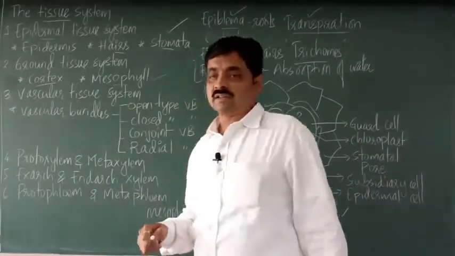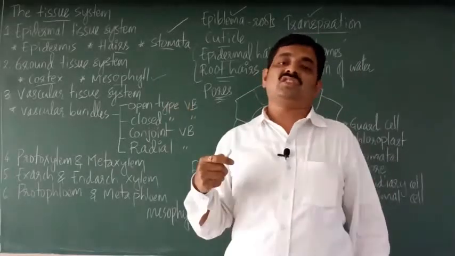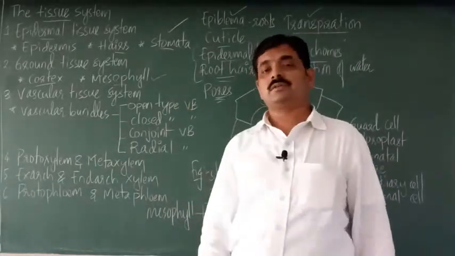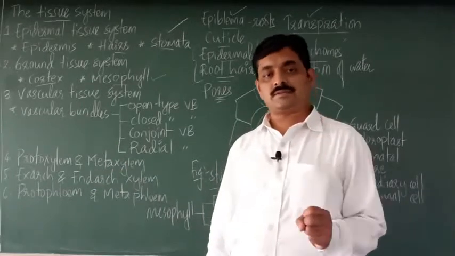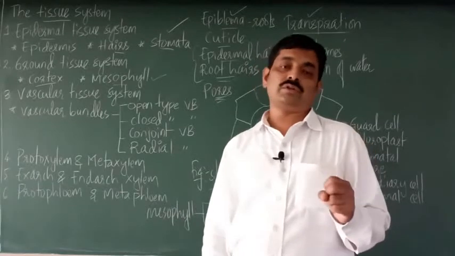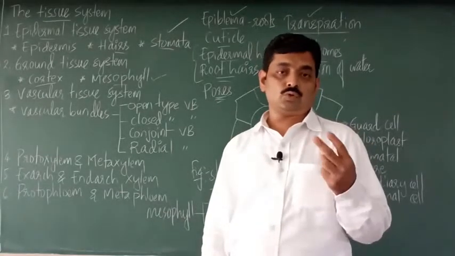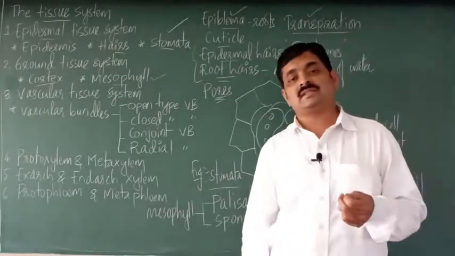Then next we will consider the vascular tissue system. So in vascular tissue system, first we will consider vascular bundles. So vascular bundles are the bundles consisting of vascular tissues. The two main vascular tissues are phloem and xylem.